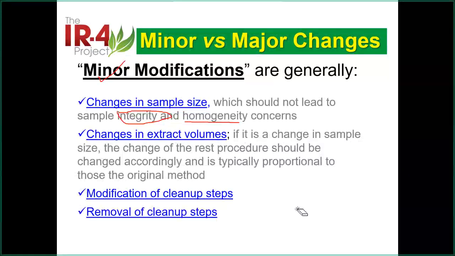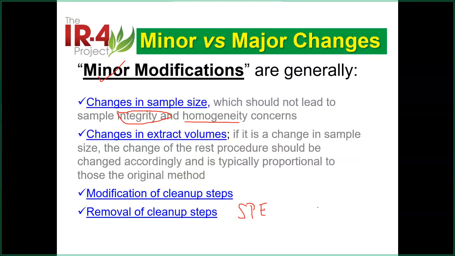So, for example, when you do some work, you need to do the SPE cleanup. That's very typical nowadays. SPE can remove a lot of different interferences like oil or something. But sometimes you go a step further.